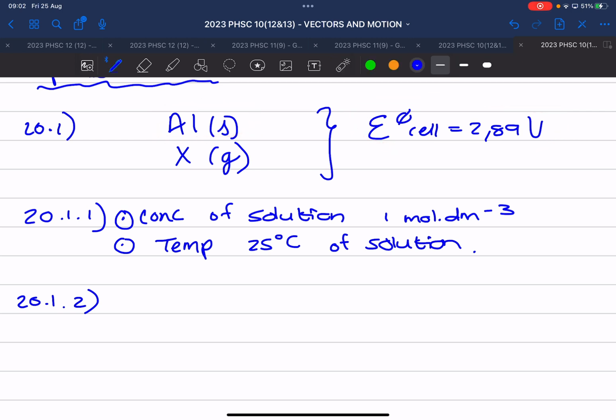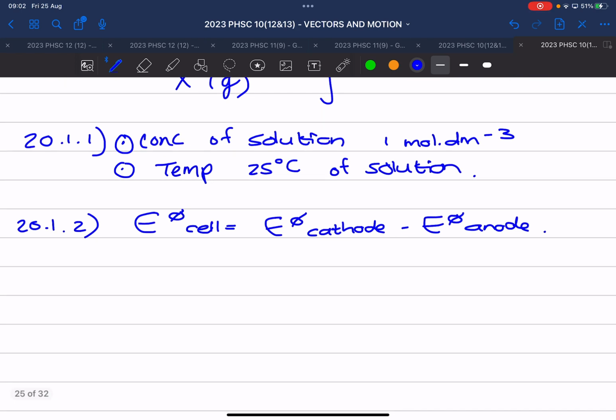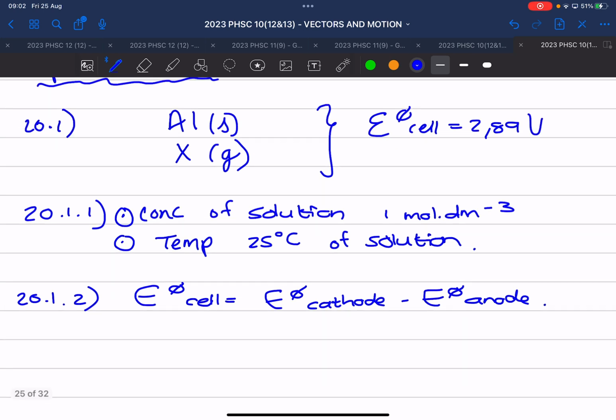So if we do this calculation, E of the cell is E cathode minus E anode, then we can get which one is the gas. But the problem now is, is aluminium at the anode or at the cathode? Where are we going to go to assist us?